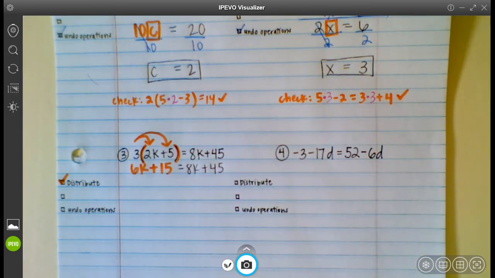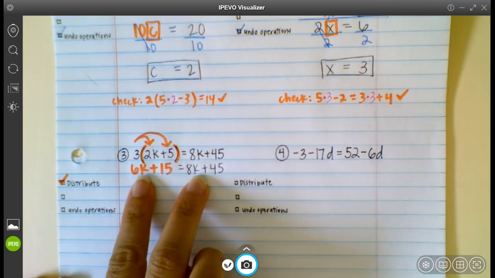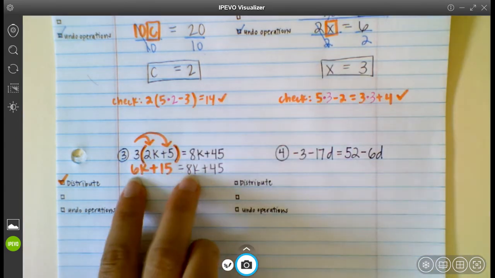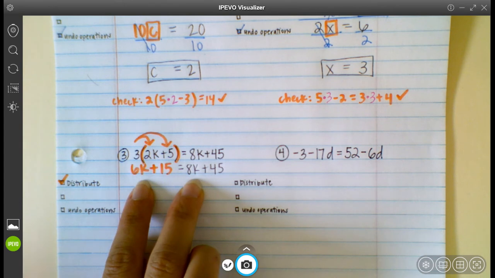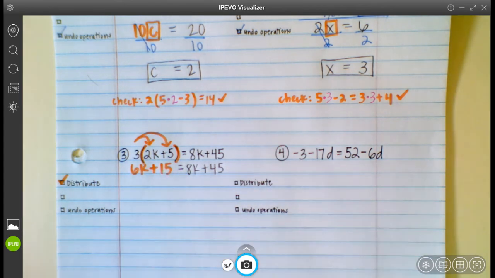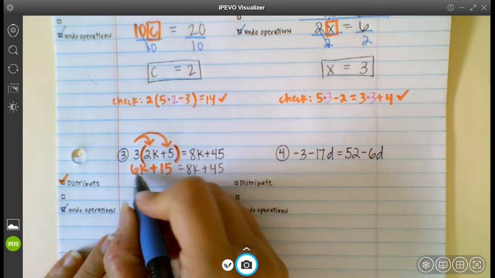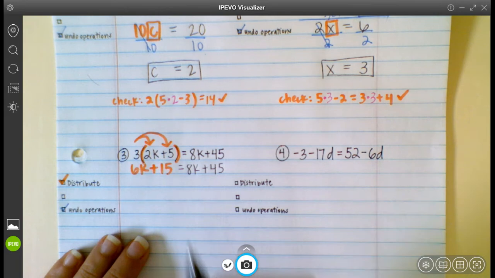And now notice that this looks very similar to what we had up in number 2. So we have k's on both sides of our equal, and we have some numbers going on. So to finish this guy up, we are going to undo these operations. So out of the 2k's, the 6k is smaller.